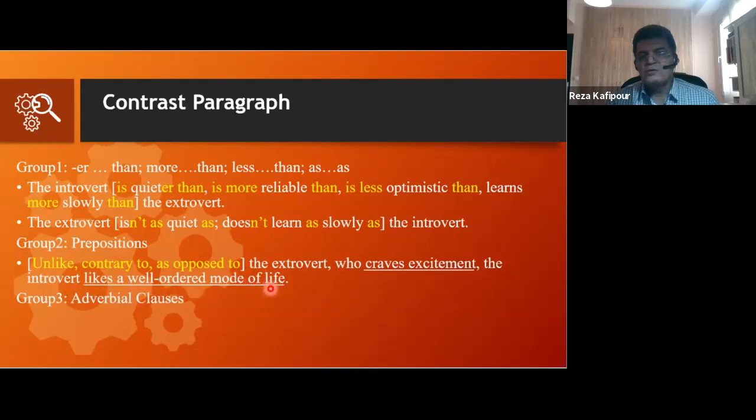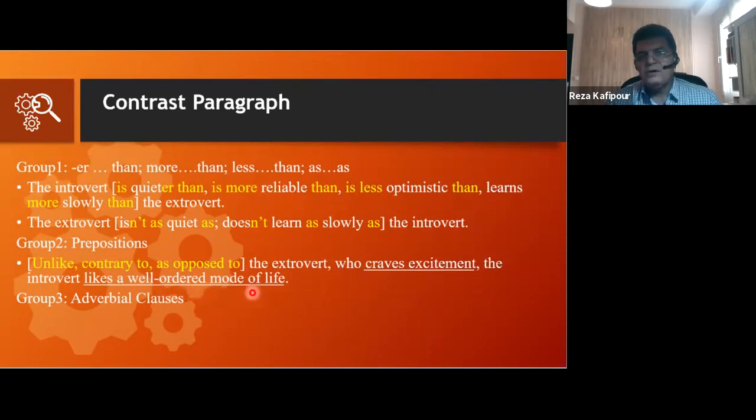But if you are going to provide more information, you may add a dependent clause for the first part between two commas and provide more information. No difference between prepositions. You may use "unlike", "contrary to", or "as opposed to": as opposed to the extrovert, comma, the introvert likes a well-ordered mode of life.